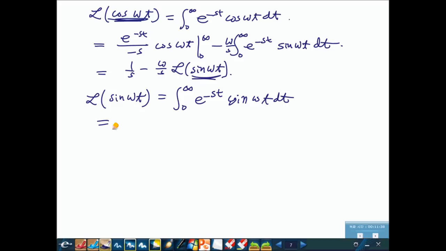Do the same thing. Eventually, it'll give you omega over s times the Laplace of cosine omega t. Okay?